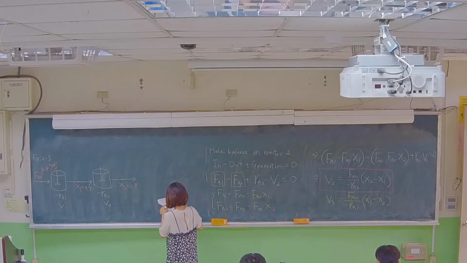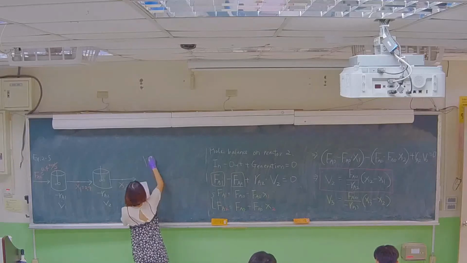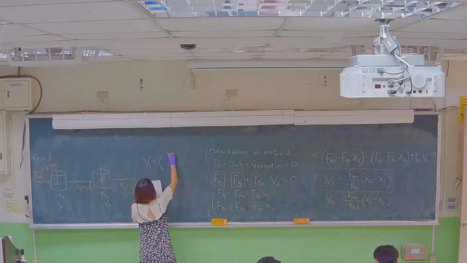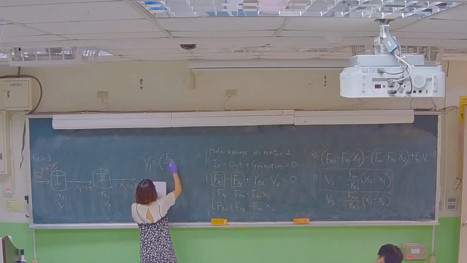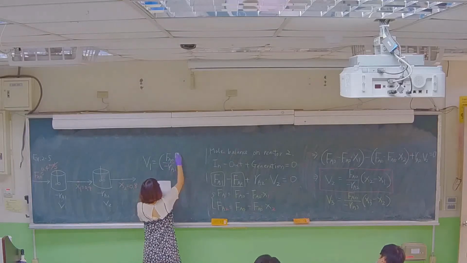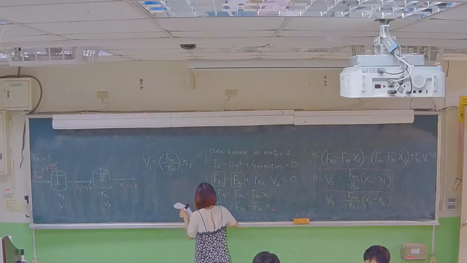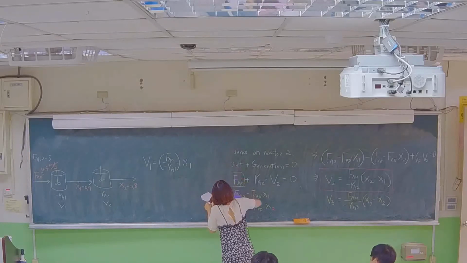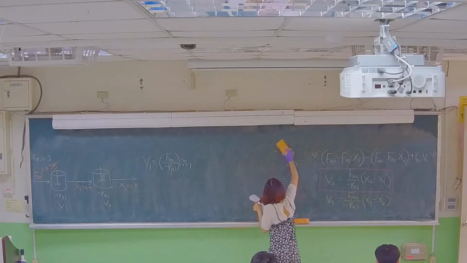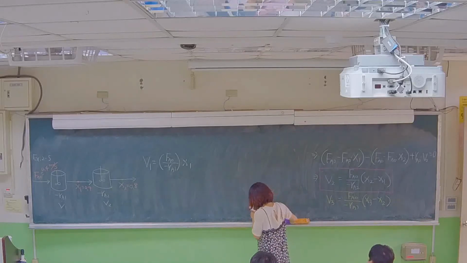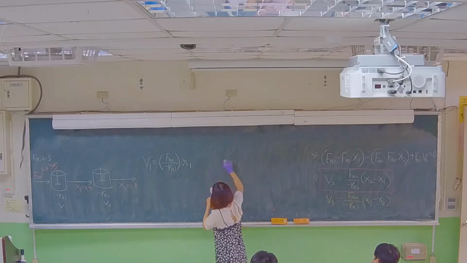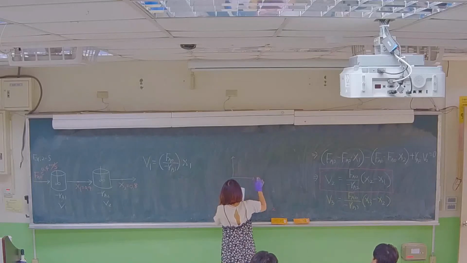So first, V1 is equal to FA0 over minus RA, times X1, right? Actually, you can memorize this one using the figure.